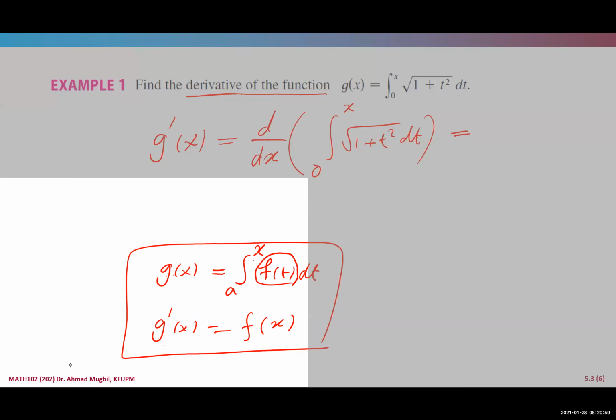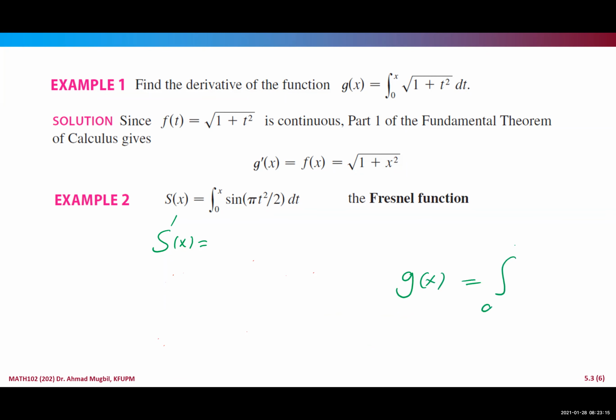Majid, let me repeat again. What does the fundamental theorem of calculus say? It says if you have the integral from a to x of a function of t dt, then the derivative of this function is equal to the integrand just as it is. It is equal to f of x, just like that.